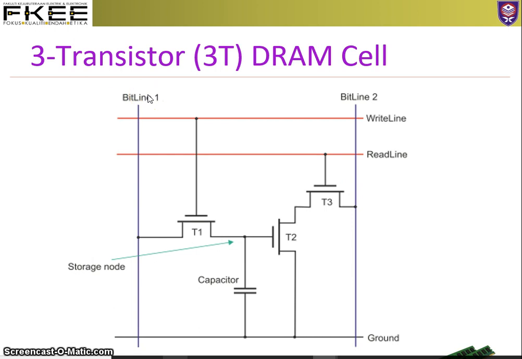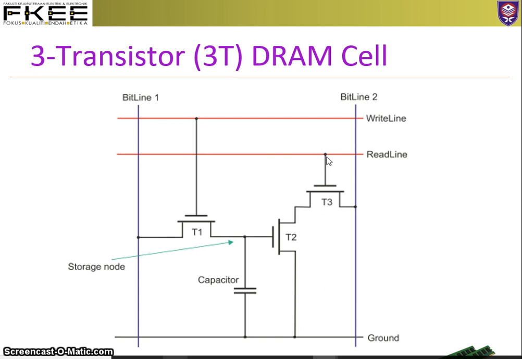We also have a 3 transistor DRAM, 3T. We have the first transistor, second and third transistor. The first transistor and the capacitor are similar to the 1T DRAM, only that we have additional T2 and T3. T1 is connected to the write line, but T3 is connected to the read line, unlike the 1T cell.